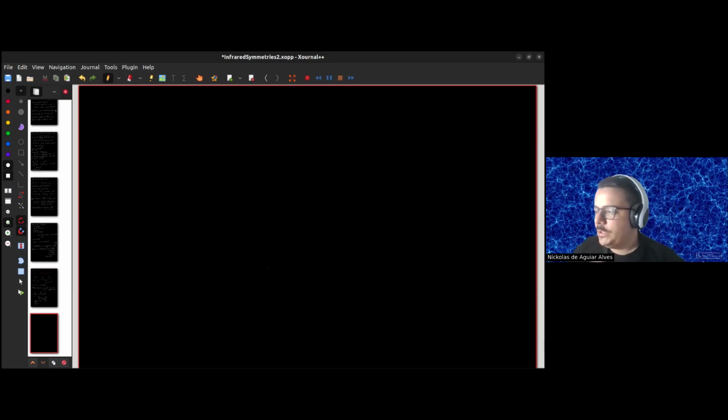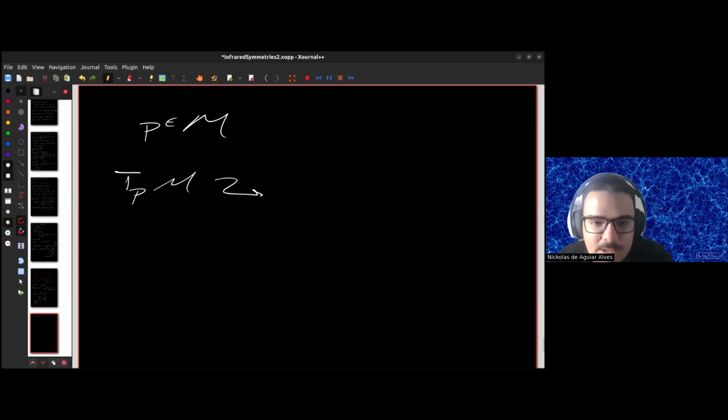Now we can go a bit further. So consider again the manifold M, and consider a point P in M. At this point P, we can define what we call the tangent space to M at P. This is usually denoted T_P M. And this is the differential geometric notation.